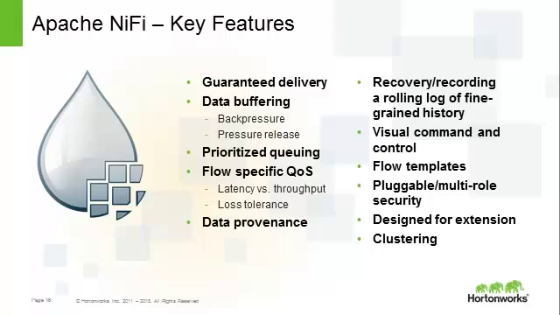Every organization has some form of one, and so we just know from the outset that this is something that has to be pluggable. Similarly, we already support multi-role security, things like users who can only read the flow or see it but not manipulate it. And we'll go into this a bit more here as we dive into the security story in a few slides from now.